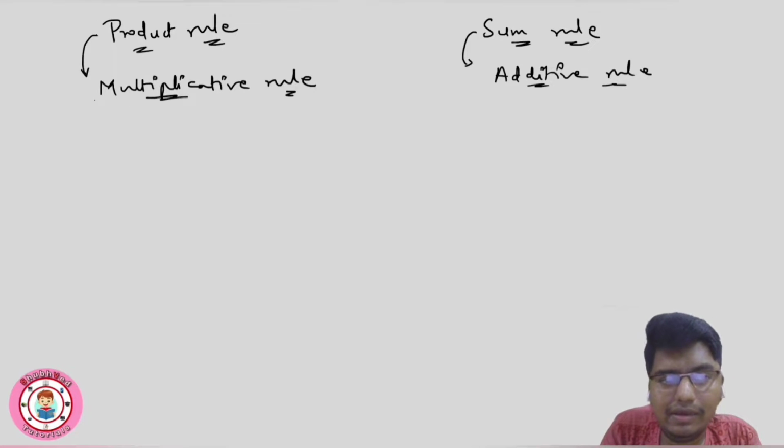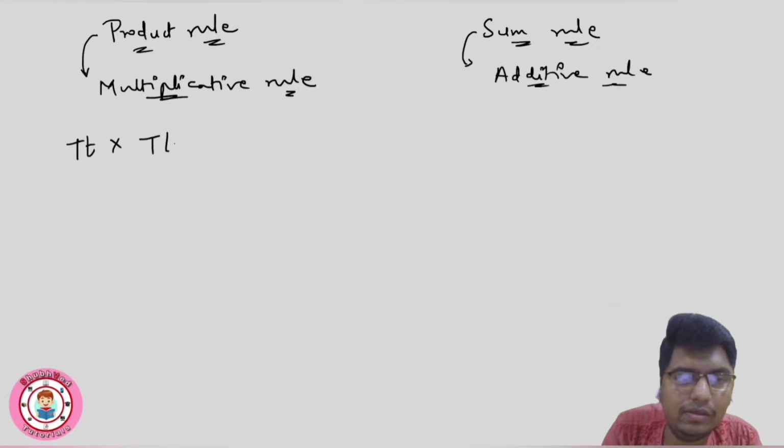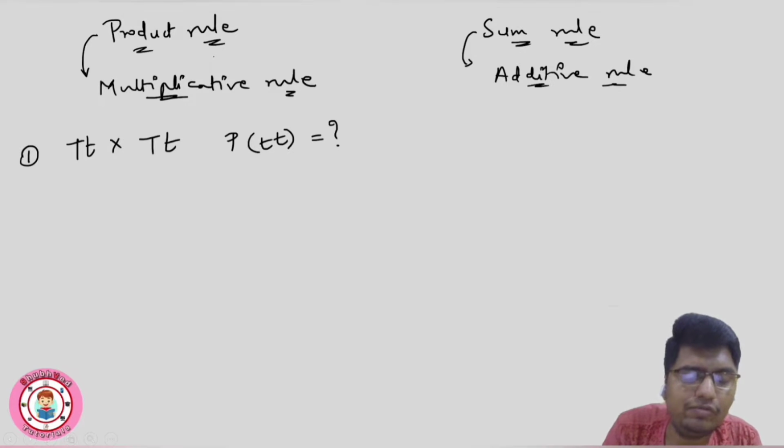So now let's see an example of the product rule. Again this cross is given, the first question, and we want to find the probability of small t recessive. Now how can we solve this? This gamete will form, so there is a half chance, 50-50, half half for the gametes.